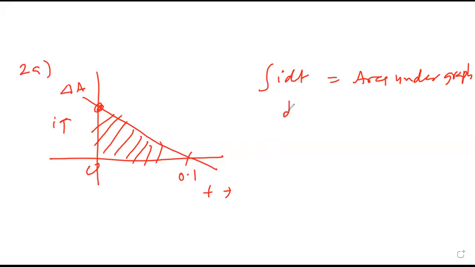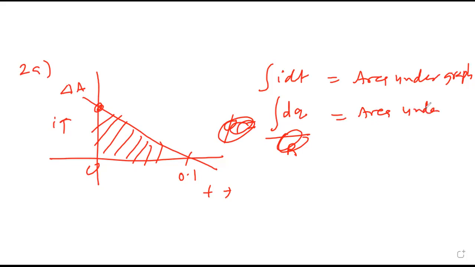It is nothing but dq, by integration. And total charge upon R is called flux. So I dt, that is dq, is the charge, which is the area under the graph.